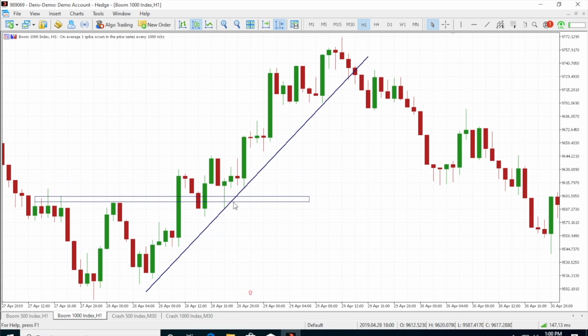You can buy on this little box right here. This will be another opportunity, of course, if you are scalping or trading the trend line, since this is an uptrend. So now I'll remove these lines and the box.